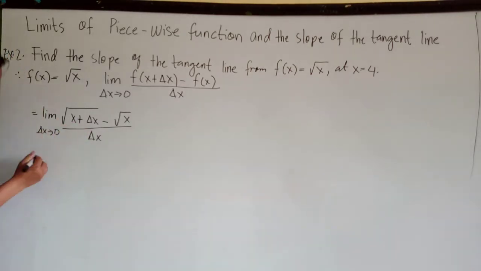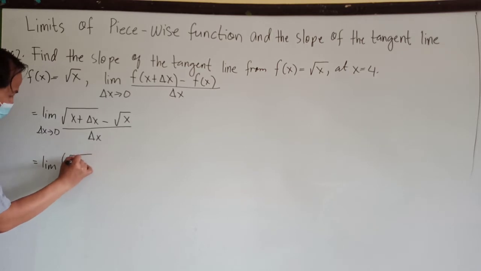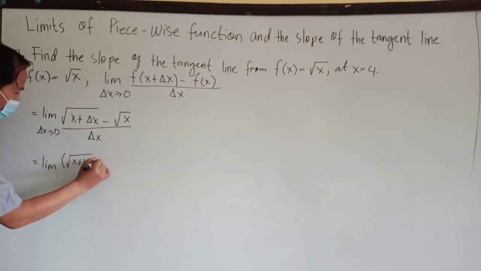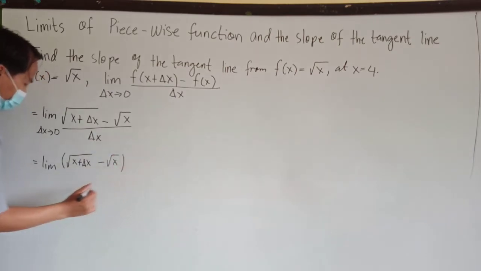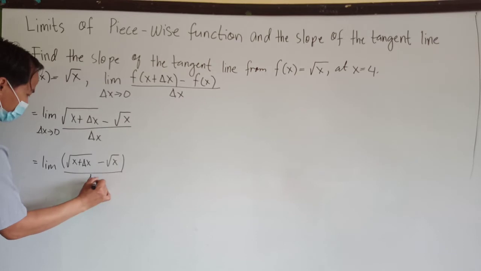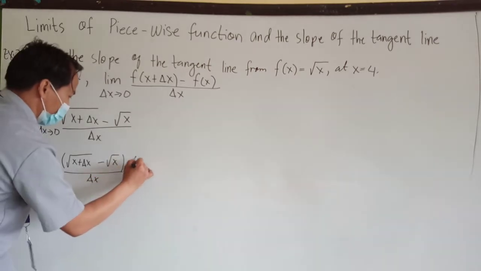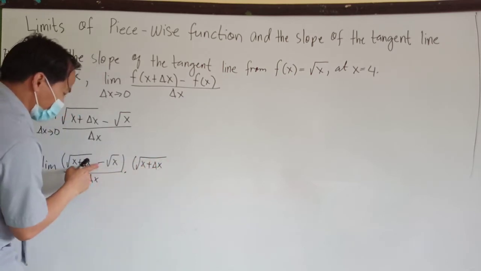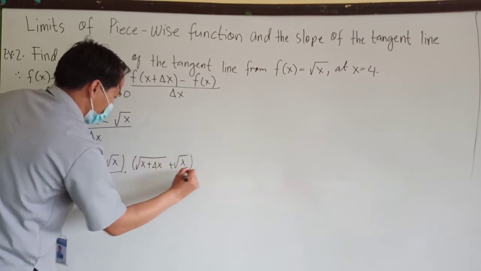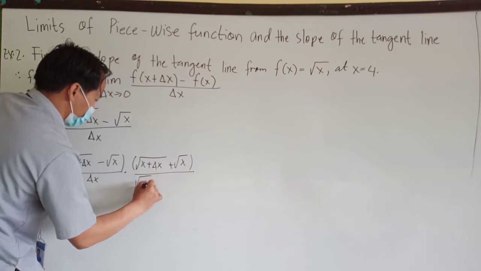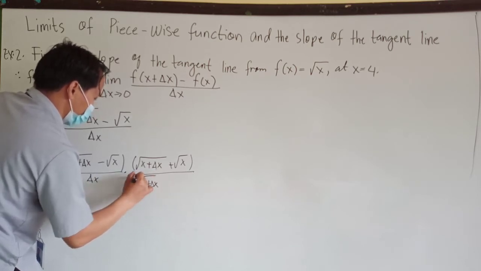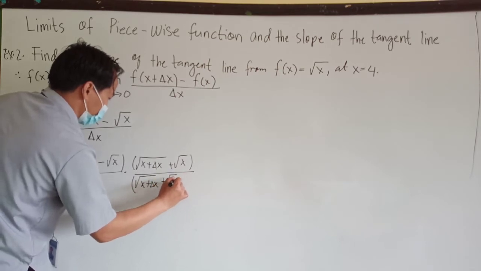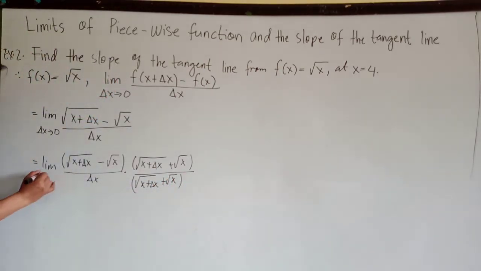This becomes the limit of the quantity square root of x plus delta x minus square root of x, over delta x, multiplied by the conjugate, square root of x plus delta x plus square root of x, over square root of x plus delta x plus square root of x, as delta x approaches 0.